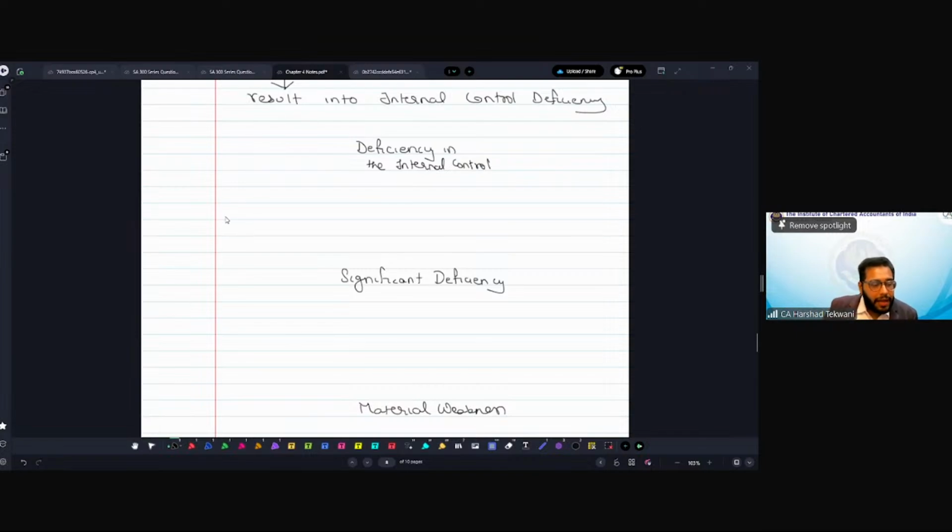So deficiency in the internal control is something like a control that does not prevent or detect the misstatement on a timely basis. Okay, so that is my deficiency in the internal control.